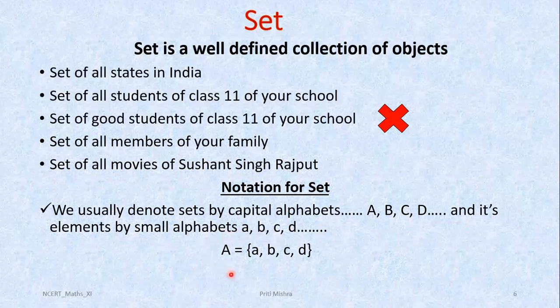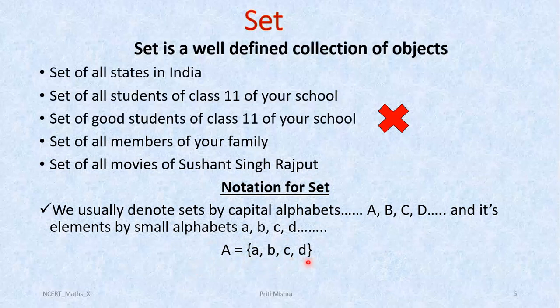So if I consider a set A, then I will write it like A = {a, b, c, d}, if a, b, c, d are the elements of this set, and elements we write within curly braces. So this is the way of giving notation to a set.